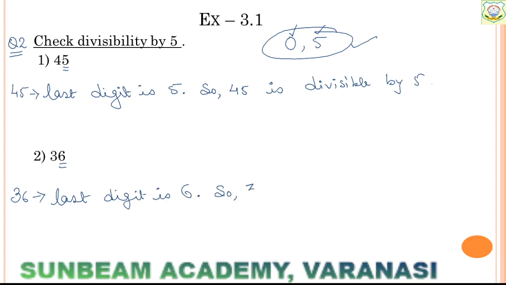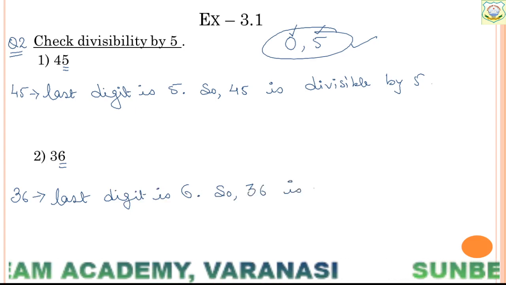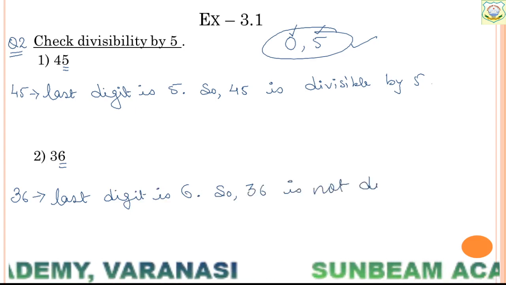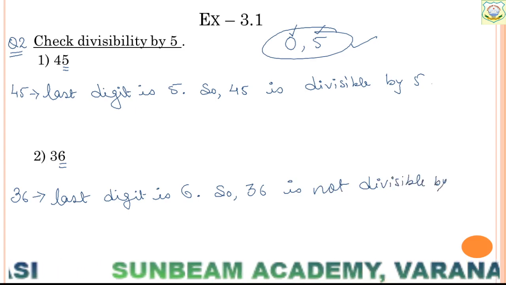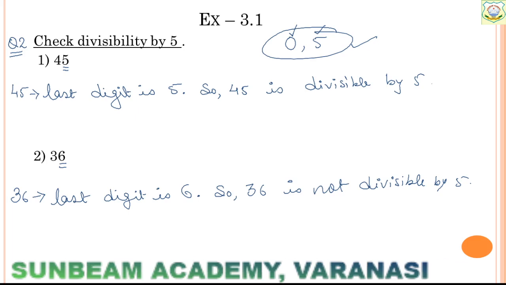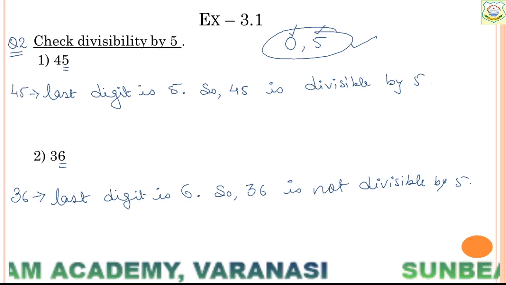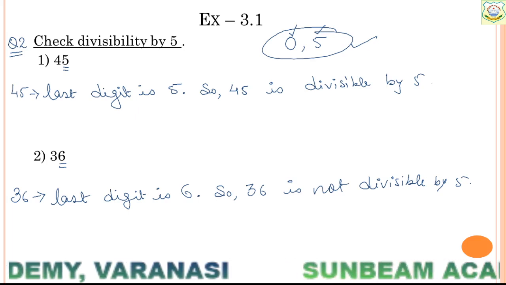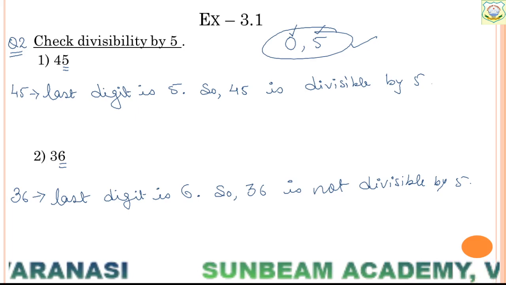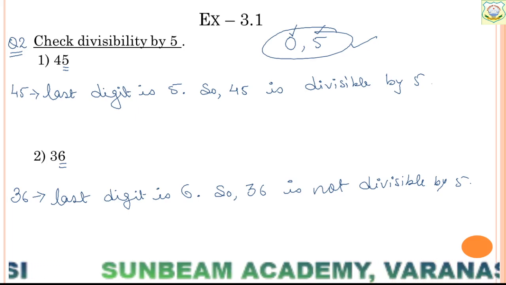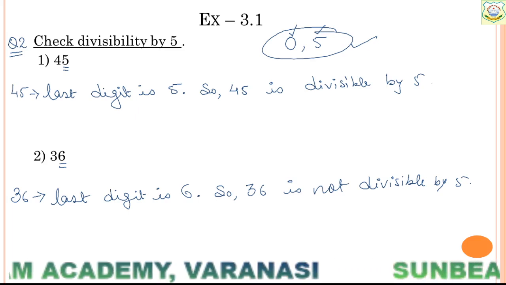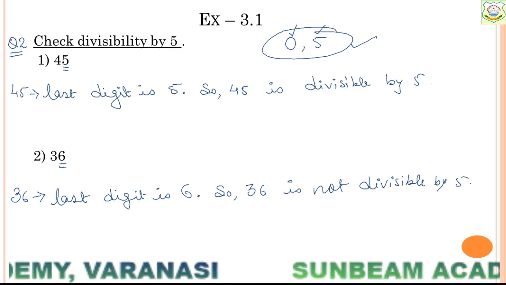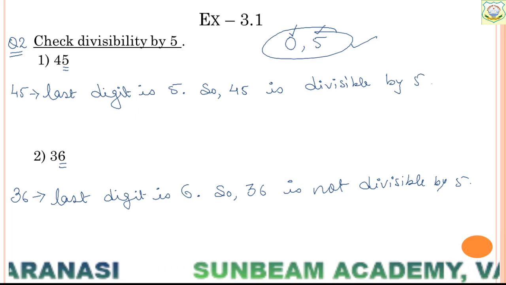So 36 is not divisible by 5. Understood? Note down, students. Then we will be doing the third one and then fourth. In each question today we will be doing a total of 4 questions. Then only you will be able to do the question.